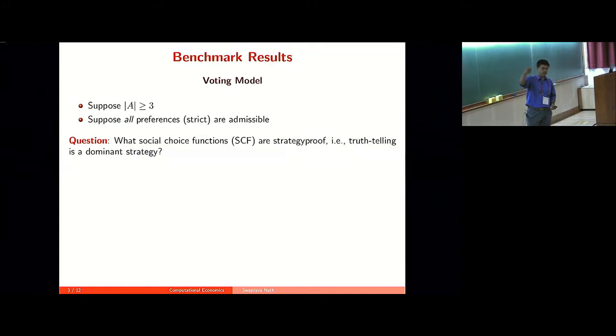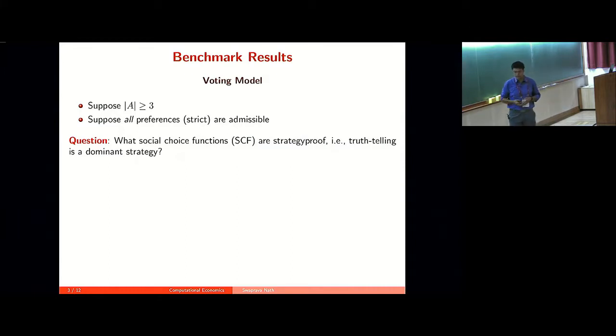So if I reveal my true preference, candidate A wins, and if I change my preference, some other candidate, let's say B wins, which is actually above A in my own preference. That will not happen. That is the guarantee that we want to give in designing these social choice functions.